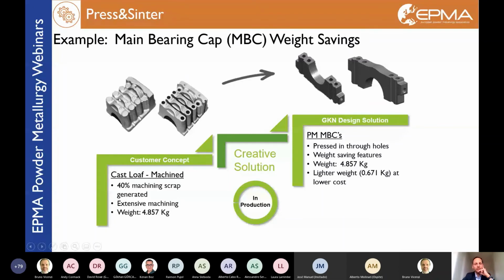If you use die cast technology, they have to be cut first into single parts and after that machined. If you use PM technology, you can already compact them with weight optimizations in a single part. We started now with a few custom applications and hope to increase the market share even in Europe.